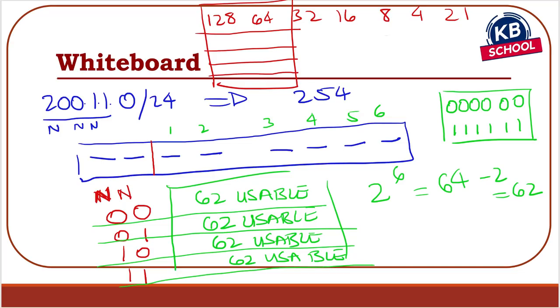What are my 4 new networks? 00 is going to be 200.1.1.0, because 00 is my network bit. But the mask now is not going to be 24, it's going to be 26 because I borrowed 2 more bits for my network bits.